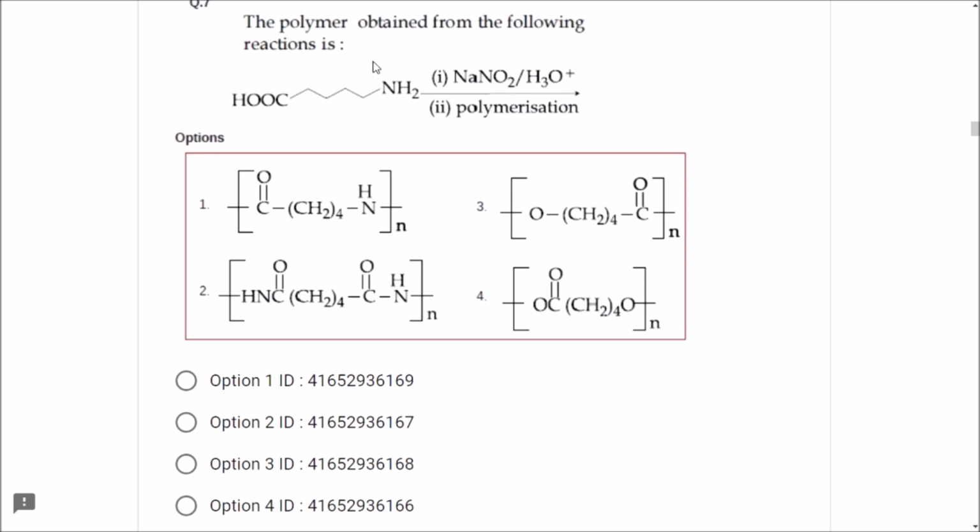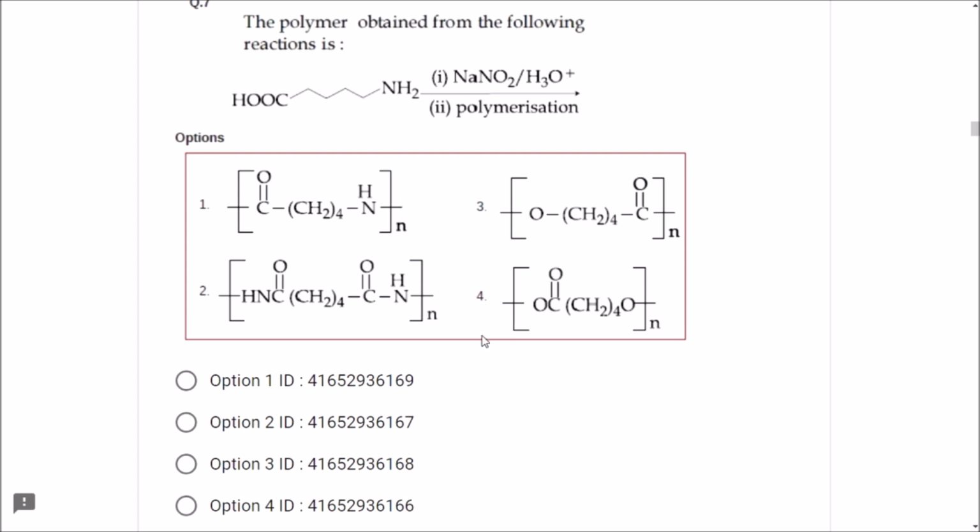So acid and OH, what is going to form? Polymerization? Ester. The acid group of another molecule will come and attack from this side. Yes, so ester. This acid, another molecule's OH will be here. Again another OH, the COOH will come and attack here. Let us see. A polymer of ester. Option number 1 is showing some nitrogen.